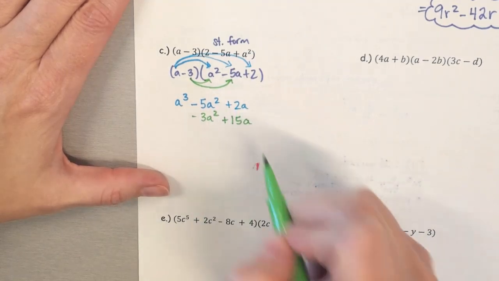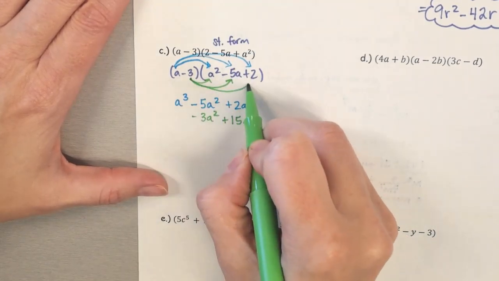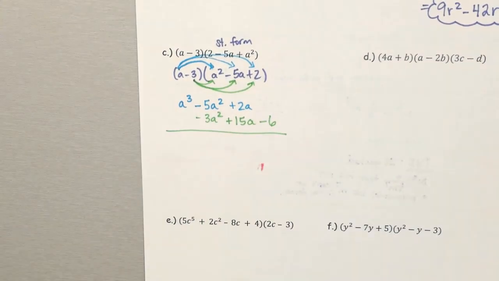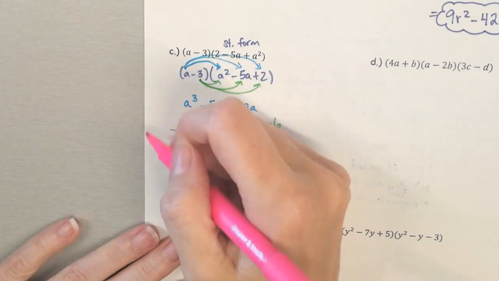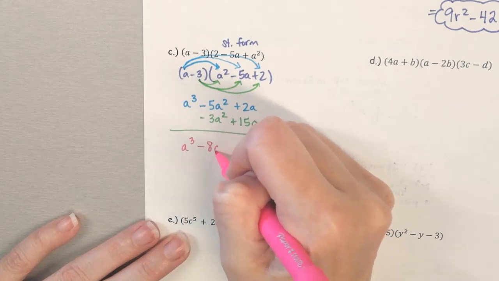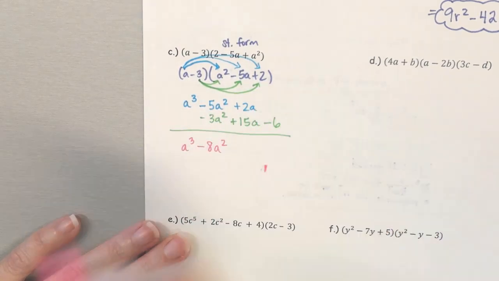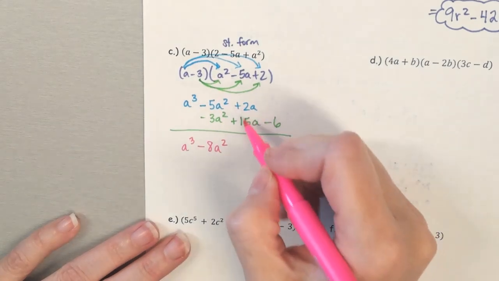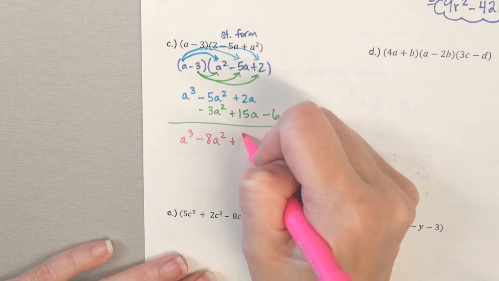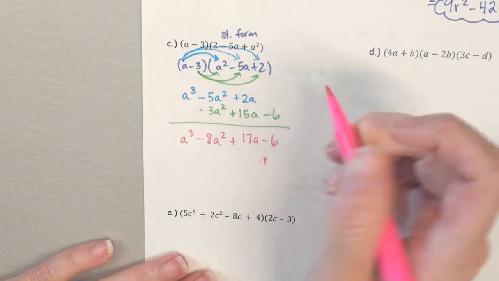And then you have the a with it. And then negative 3 times 2 is going to be negative 6. And I like this because now I can just add straight down. And I have it in standard form. So you have a cubed minus 8a squared. Negative 5 minus 3 is negative 8. 2 plus 15 is going to give you 17a.